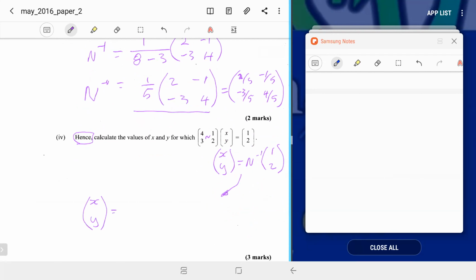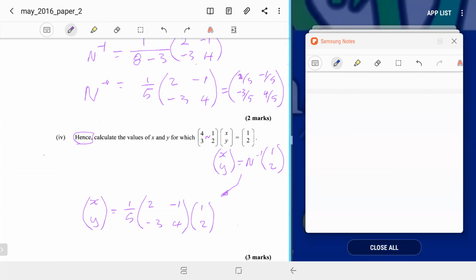I'm using this as my N to the minus 1. So I put 1/5 bracket 2, -1, -3, 4, and I'm multiplying that by the 1, 2. Understand that this is my N to the minus 1 in front of the 1, 2. Leave the fraction for last. Work out this part here.